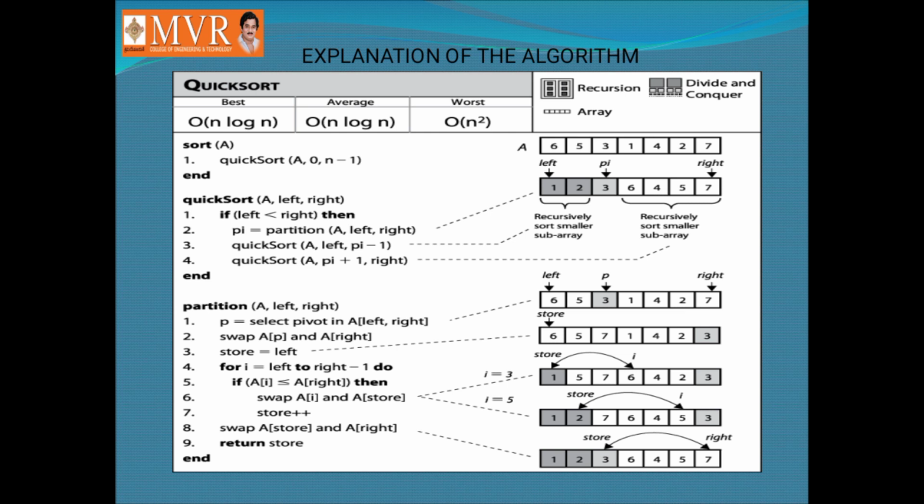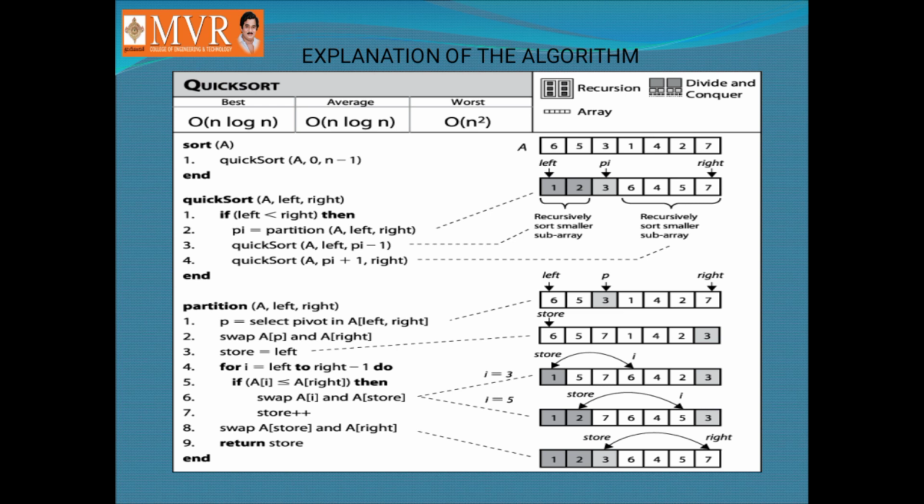After that, if the left sublist is sorted, then leave it. If the right sublist is sorted also, leave it. If the left sublist is not sorted, then take one pivot element in the left sublist and perform the partition. If the right sublist is not sorted, consider any element in the right sublist as the pivot element and go on sorting.